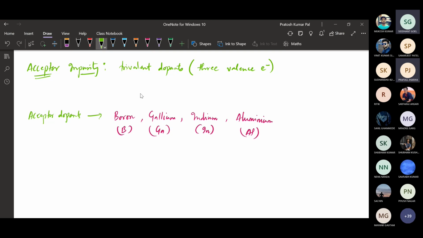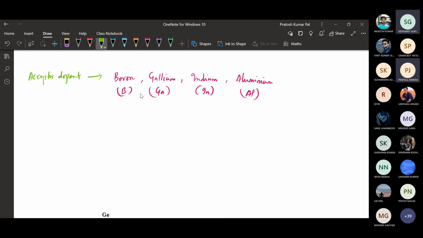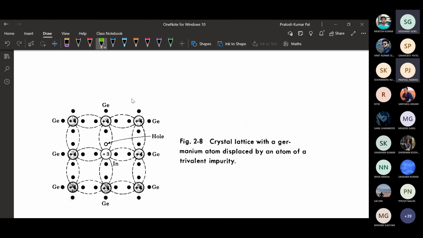In case of acceptor type of dopant, here also it is going to introduce the impurity. Suppose this is the figure. This is germanium, and we have indium as the dopant. Here it has only 3 valence electrons.